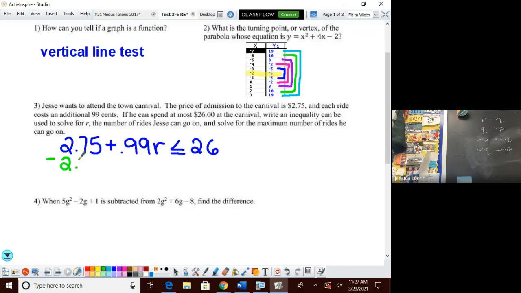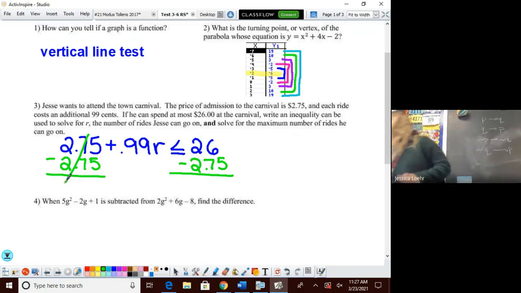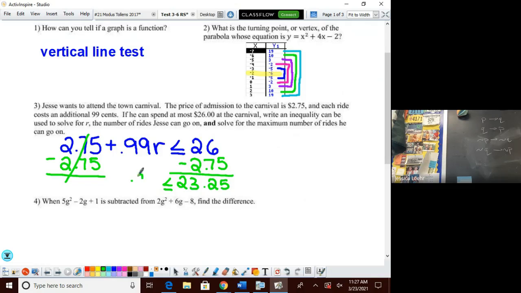I'm going to start by subtracting $2.75 on both sides. When I do that, I get $23.25. And then you're going to divide by 99 cents on both sides.